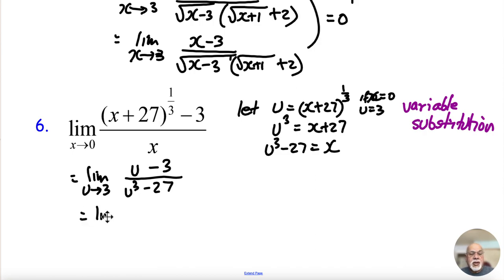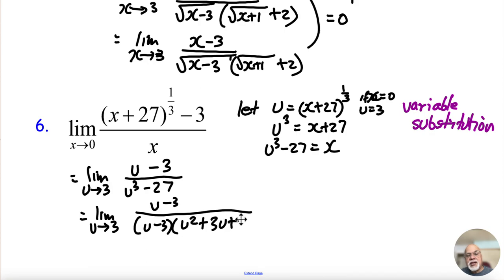However, the denominator being a difference of cubes factors. So we end up with u minus 3 on the top, u minus 3 on the bottom, and the quadratic factor would be u squared plus 3u plus 9. And now the u minus 3's cancel.